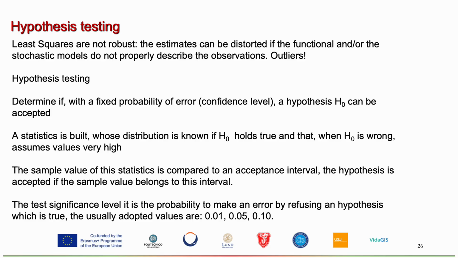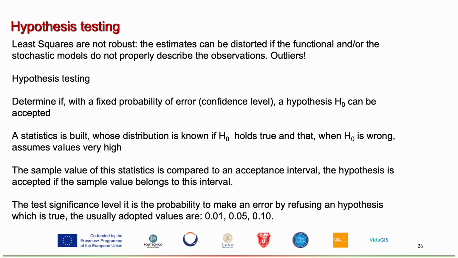How is hypothesis testing performed in general? A statistic is built whose distribution is known when H0 holds. While when H0 is wrong, this statistic assumes very high values. So, the sample value of the statistic is compared to an acceptance interval. The hypothesis H0 is accepted if the sample value belongs to this interval.